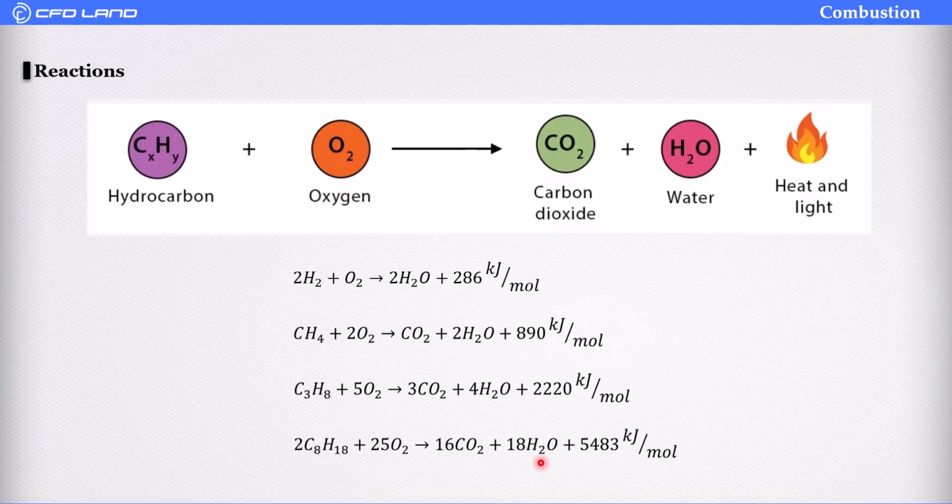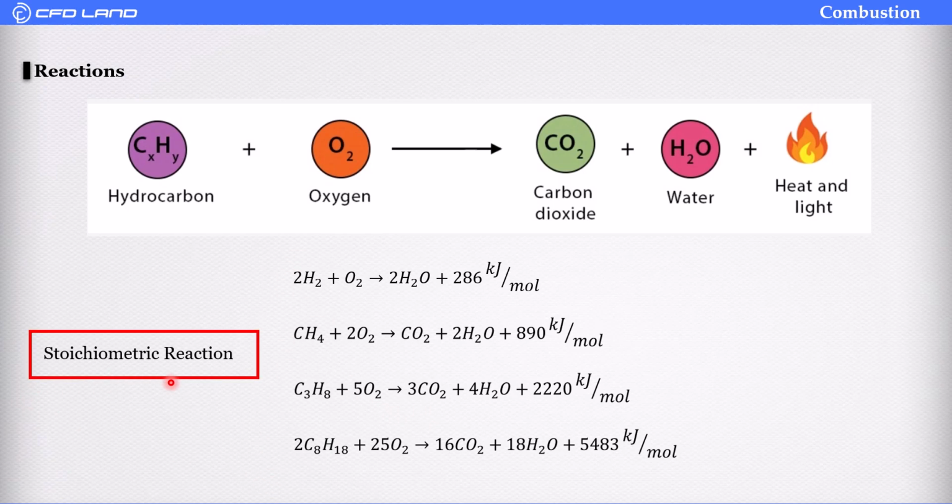As you notice, there is only water and carbon dioxide in our products, making all these reactions stoichiometric reactions, meaning that the fuel and oxygen are in exact proportion. We have maximum heat release and highest possible efficiency.